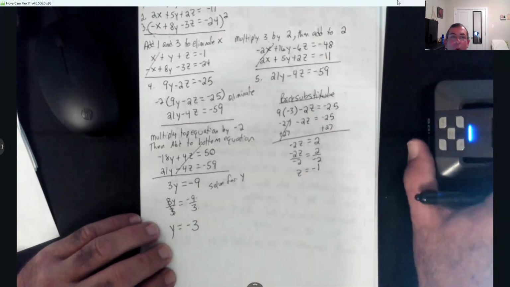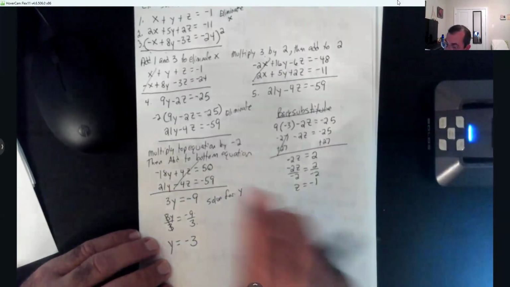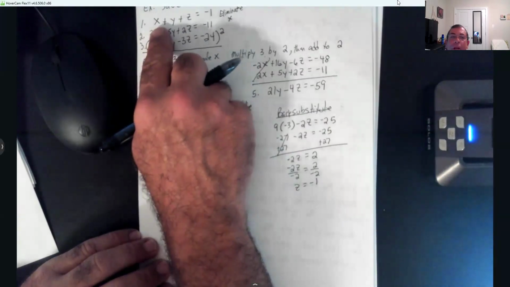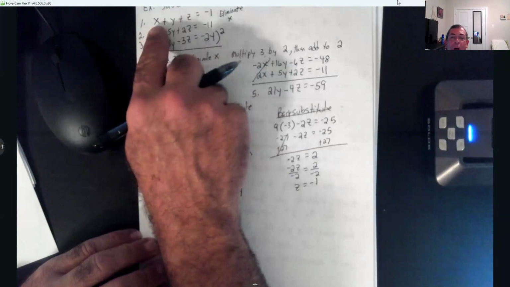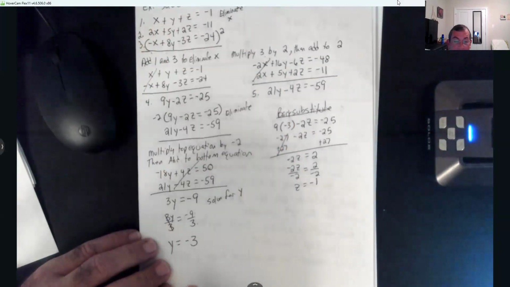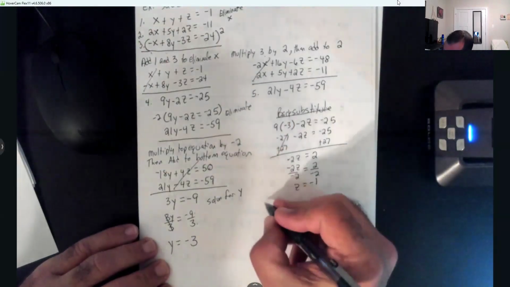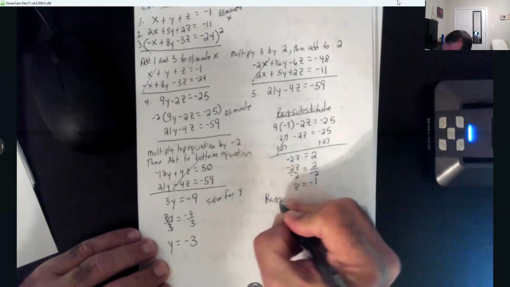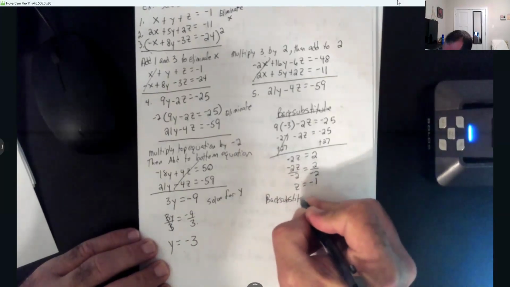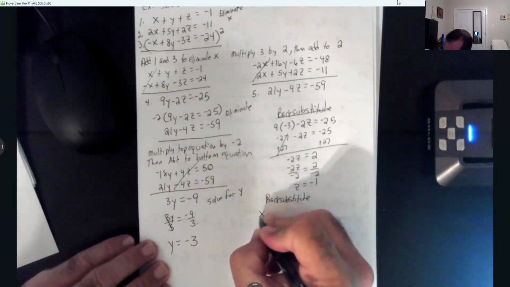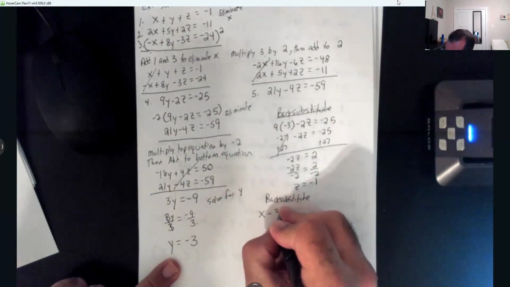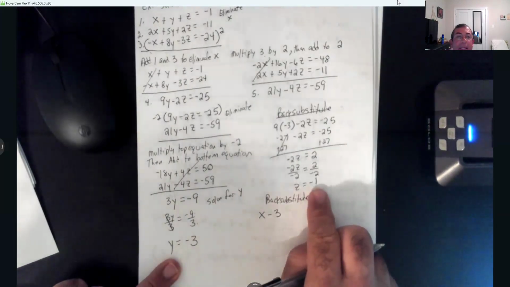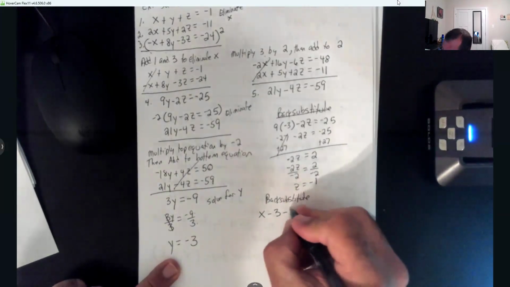So now I'm going to come back up here and plug that into one of my 3 original equations. And I'm probably just going to use that top one because that looks the easiest. So I don't know the x yet, so I'm going to back substitute into that one. So x plus my y, which is a -3, plus my z, which is -1.